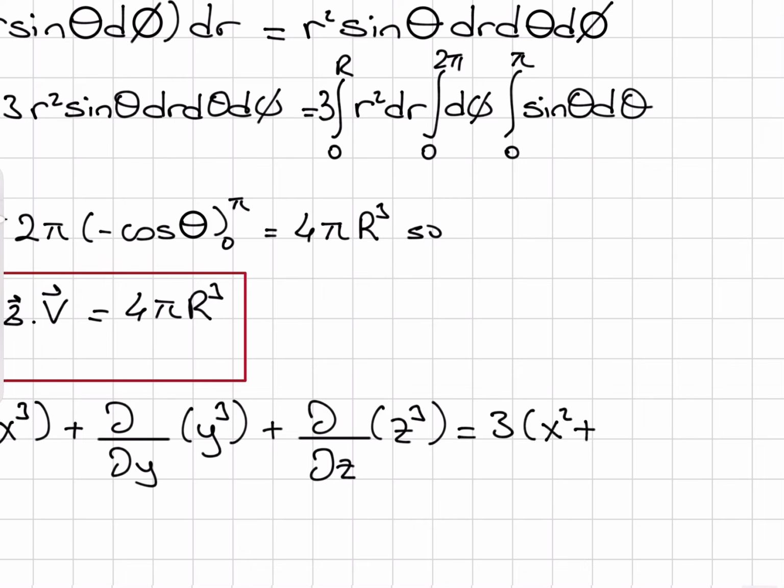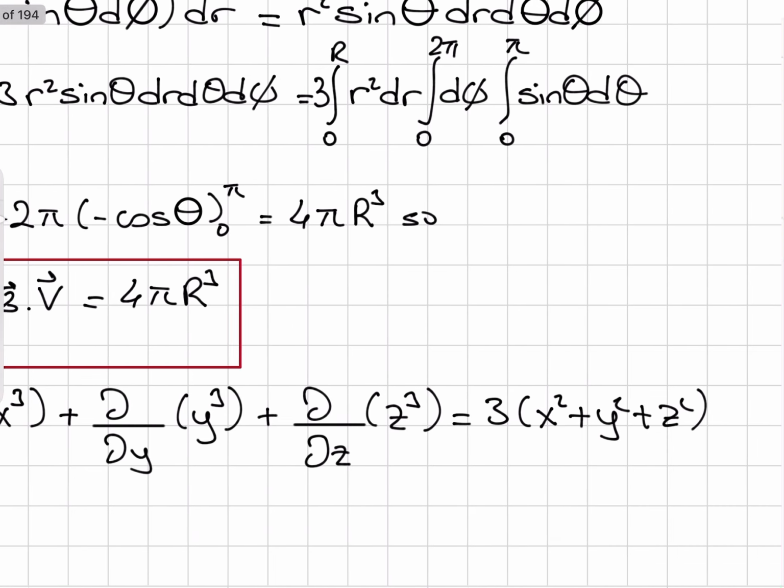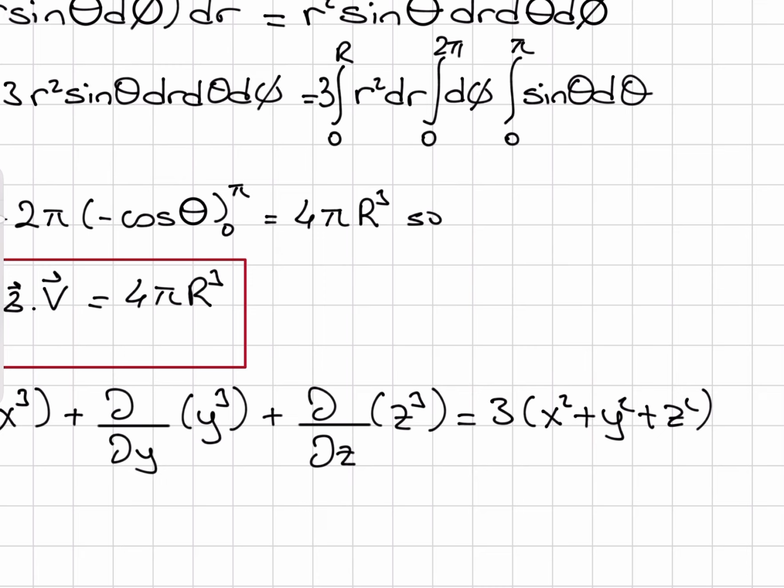So 3 times (x squared plus y squared plus z squared). But in spherical coordinates, x squared plus y squared plus z squared is r squared. So this will be equal to 3r squared.